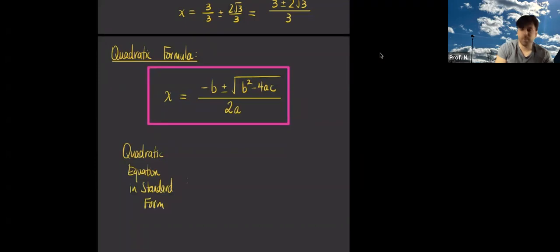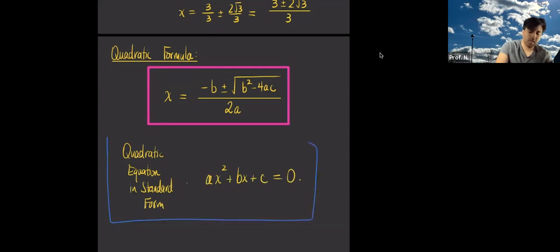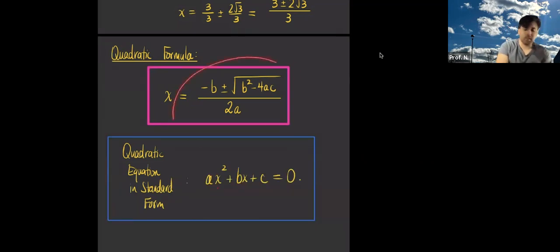What's the standard form of a quadratic equation? It's ax squared plus bx plus c equals 0. So when you have a quadratic equation written in this way, you should be able to identify a, b, c, and plug it in to this formula, and you get the answer every time.